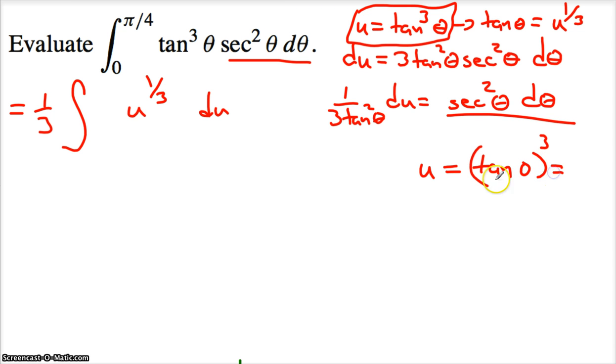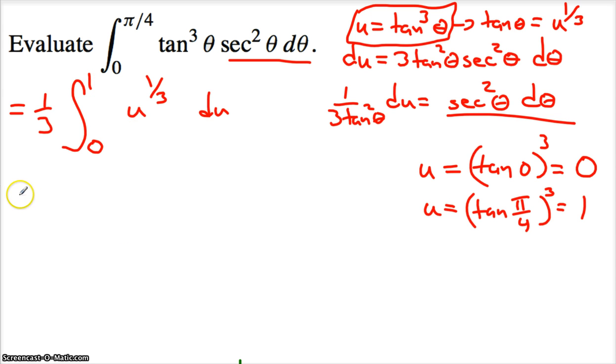Now tan of 0 is 0, so cubing that gives you 0, so the lower limit doesn't change, it's still 0. The upper limit of pi over 4, tan of pi over 4, that's a special angle, that's the 45-degree angle, and that's going to be 1. Tan of pi over 4 is 1, cubed is 1. So that's from 0 to 1.